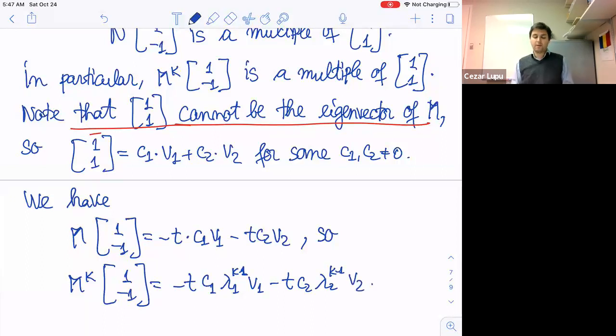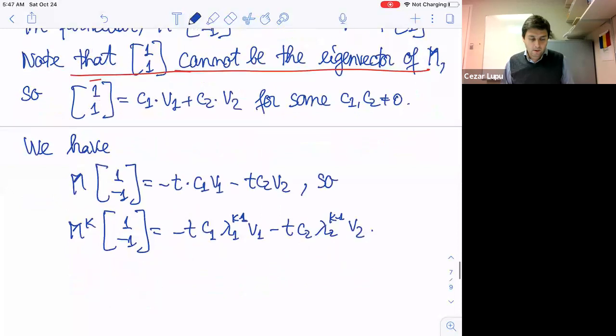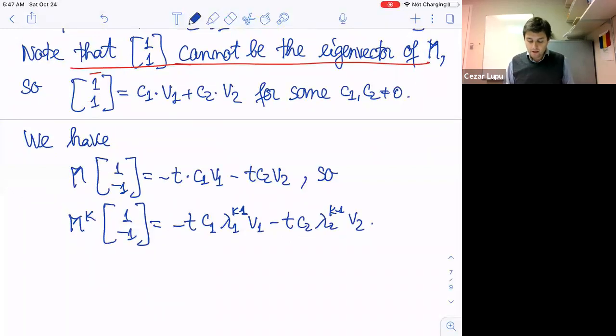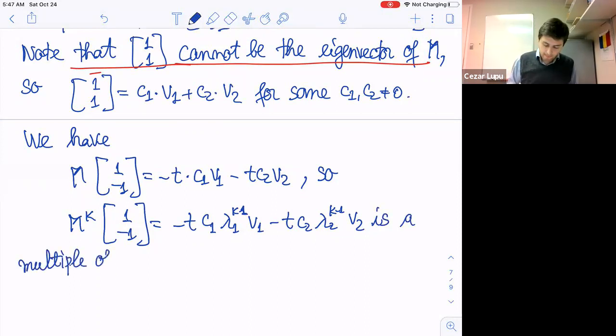This last vector is a multiple of c1 v1 plus c2 v2.